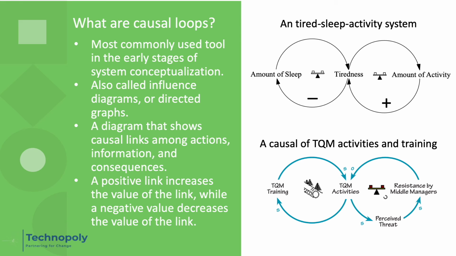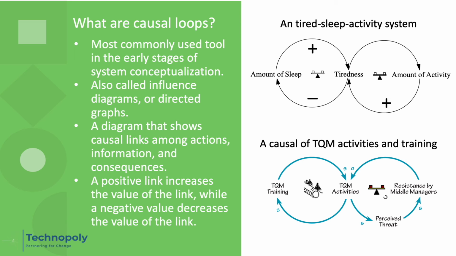A more business-like example is when we apply TQM activities and training. We have TQM trainings, and the more we do TQM trainings, the more there are TQM activities. So instead of using plus or minus, we now use S or O. The S symbol represents the same, or positive, and the O represents the opposite, or negative.